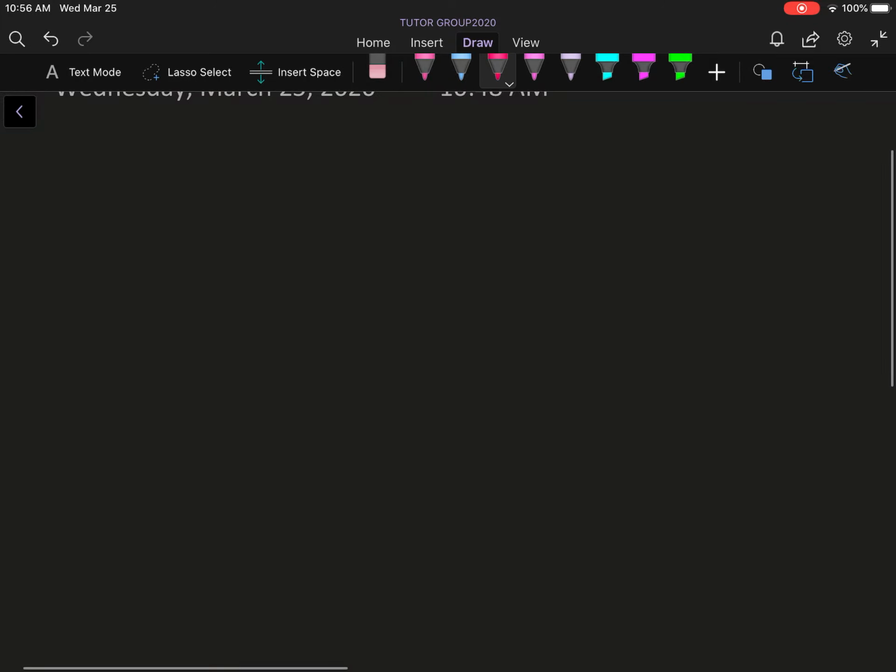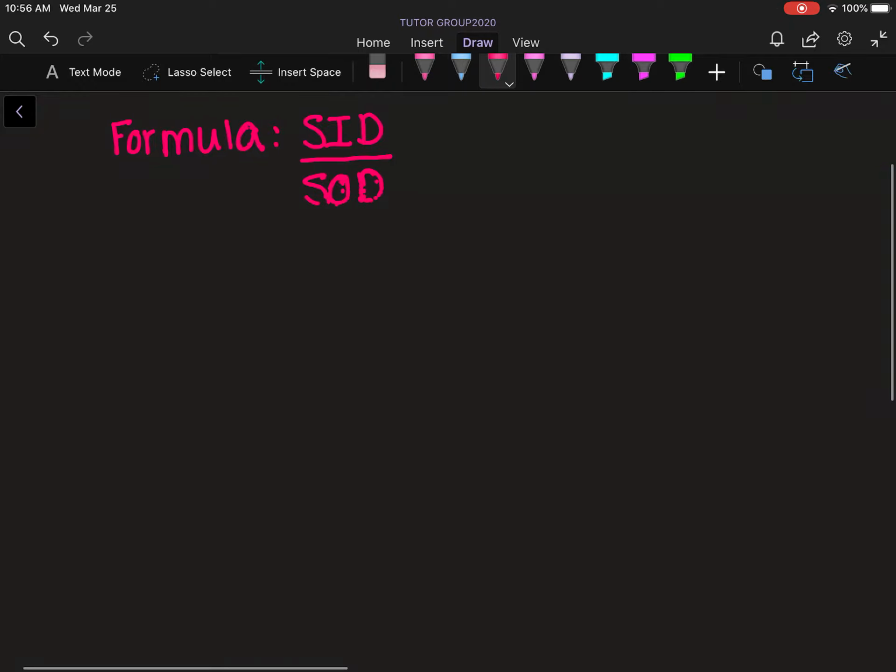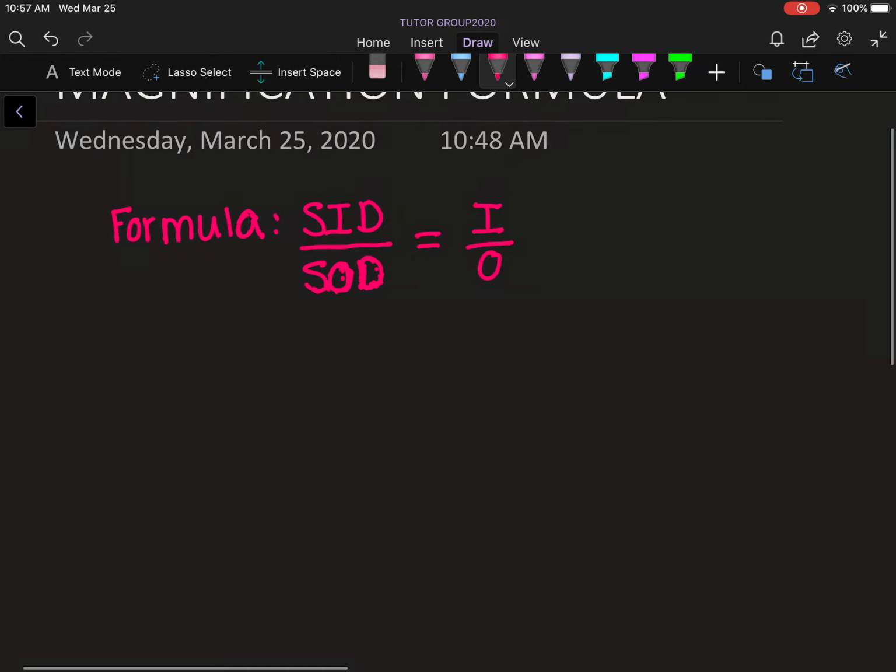First, I'm going to show you the formula, which is SID over SOD equals I over O. An easy way to remember this is that your I's are going to be on top and your O's are going to be on bottom. And that is your magnification formula.